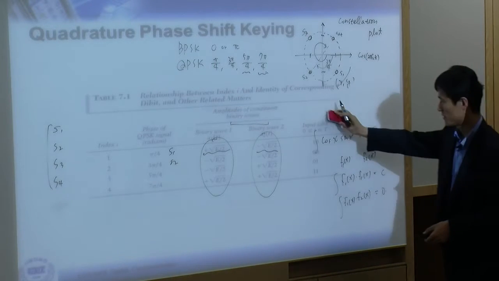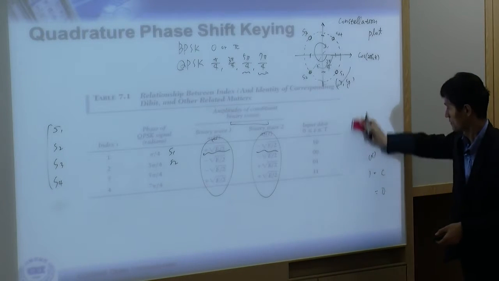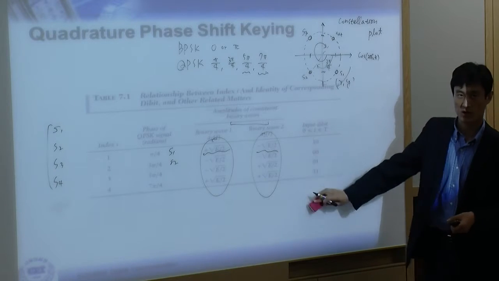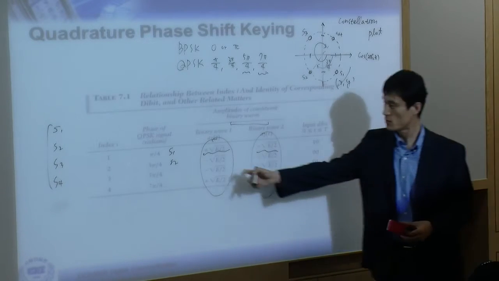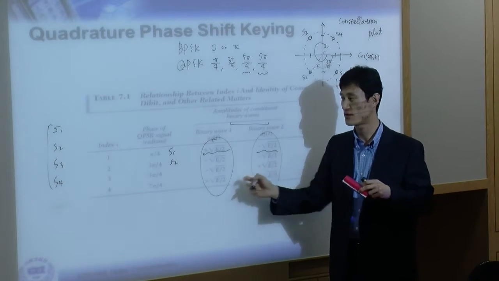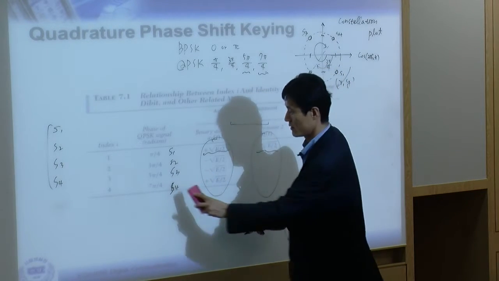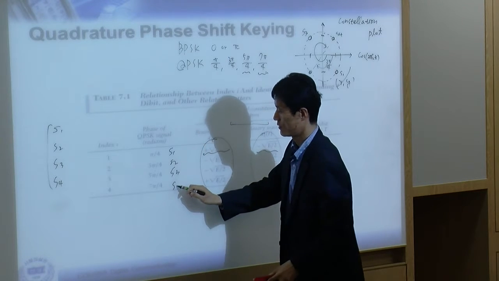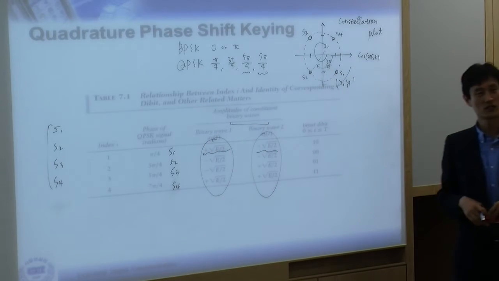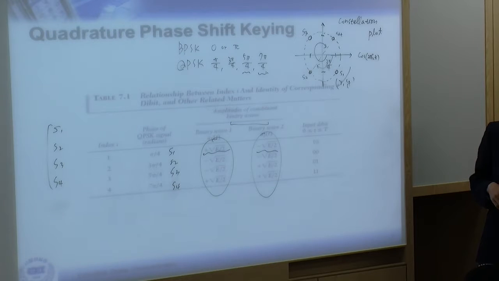Constellation plot. Now there's one more thing to talk about here. This one and this one are simply the x and y for each symbol, S3, S4. We already learned about gray coding. Remember the gray coding? What is the gray coding?